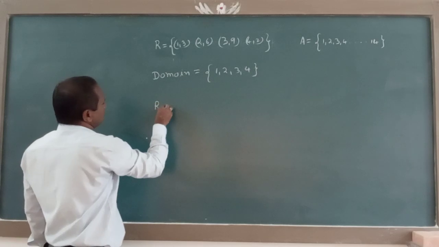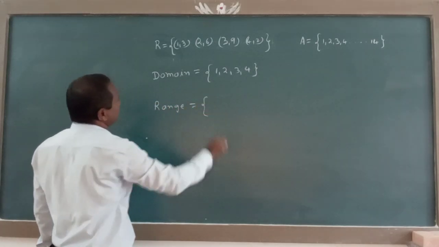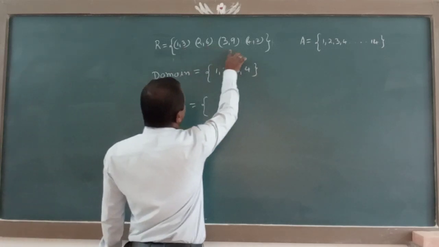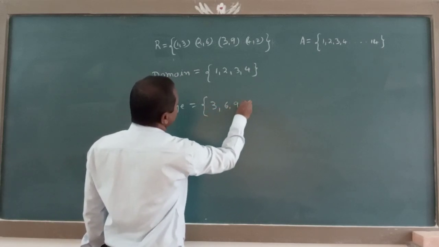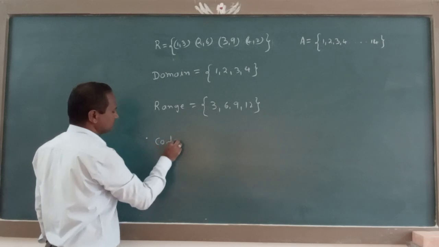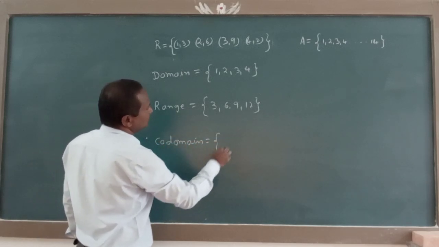Range is the set of all second elements of the relation capital R. What are the second elements here? 3 comma 6 comma 9 comma 12. Codomain is the whole set.